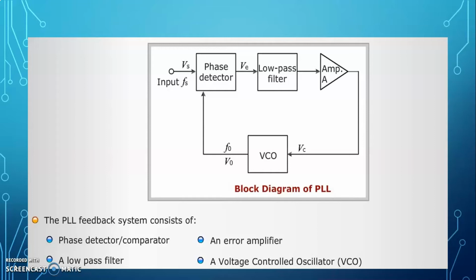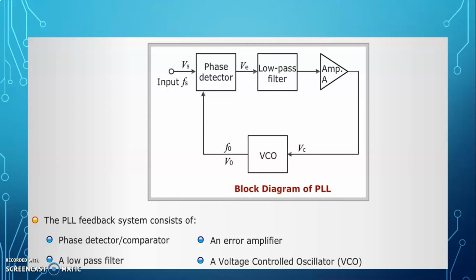The low pass filter provides the DC voltage based on the phase difference between the input and the voltage controlled oscillator output signal. The low pass filter increases or decreases the input voltage of the voltage controlled oscillator until the oscillator frequency equals the reference input signal frequency.